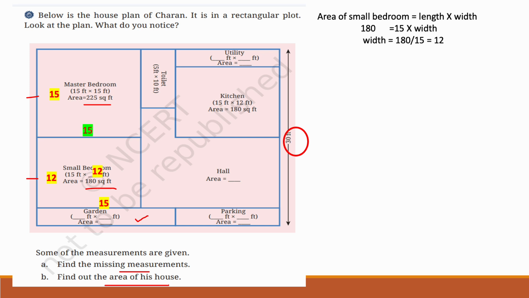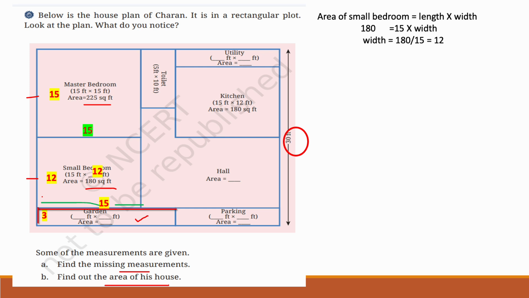So, 30 minus 27 is 3. See, here it is 3. Then what about the length of the garden? See, up to here it is 15. Here it is 15. We have to find the remaining length.